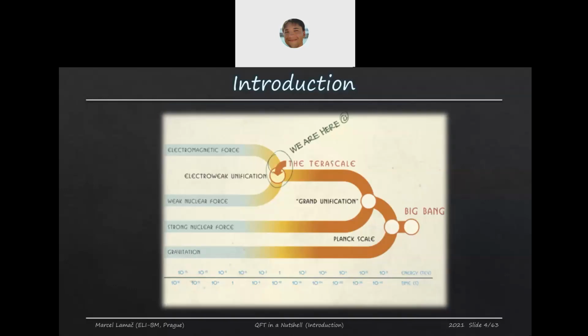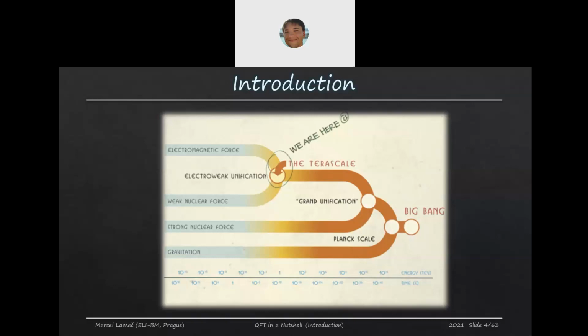This slide talks about theories that predict that there should be a unification of all the forces, as was the case, for example, for the electroweak theory.